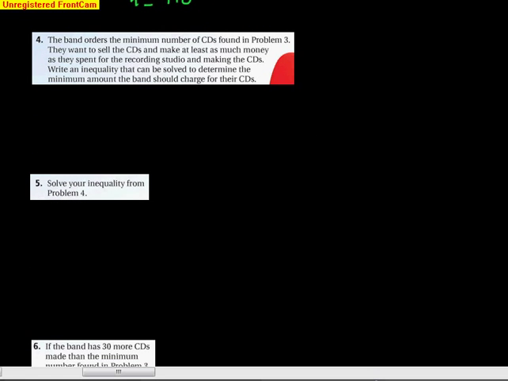So they're going to sell 110 CDs. That's what we found. So 110 CDs will be sold. So the question is, what is the price? And let's go P for price. Well, 110 times the price must be at least, so again, greater than or equal to, what is the total that we're paying for?